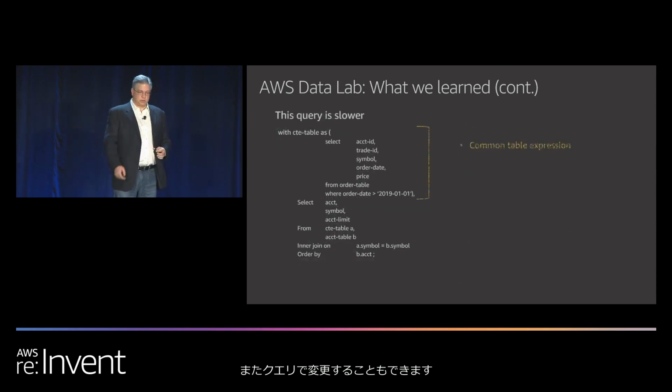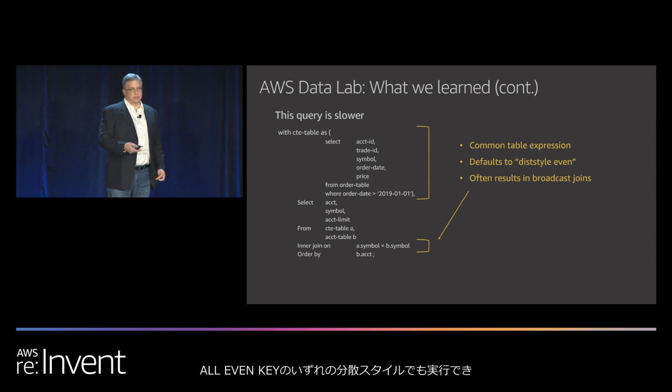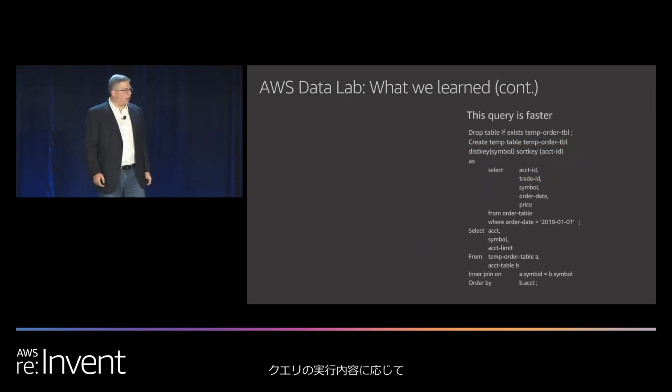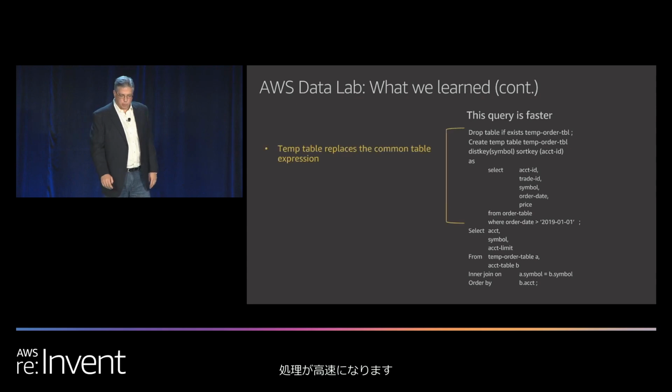And you can also change it by query. So exact same table, you could run with this style of all, this style of even, or this style by key. And depending on what your query is doing, you can change your temp table structure and it'll process faster.